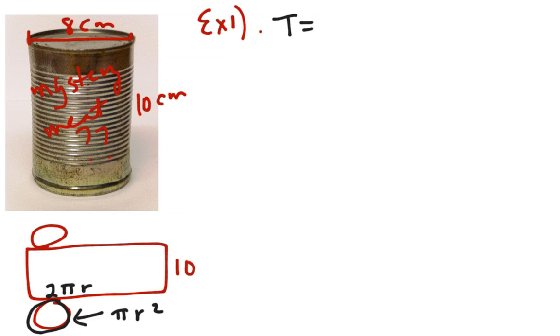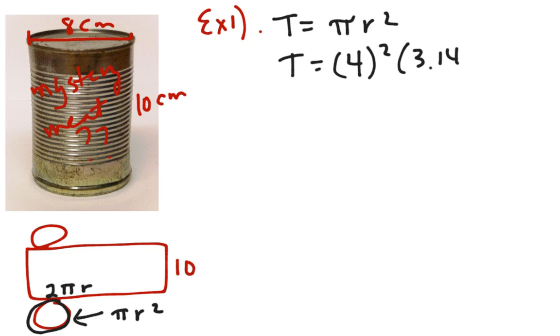So my top is going to be pi r squared. The radius is 4, and pi is 3.14. That's also going to be the same as the bottom, so I'm going to add those two together once I calculate them.